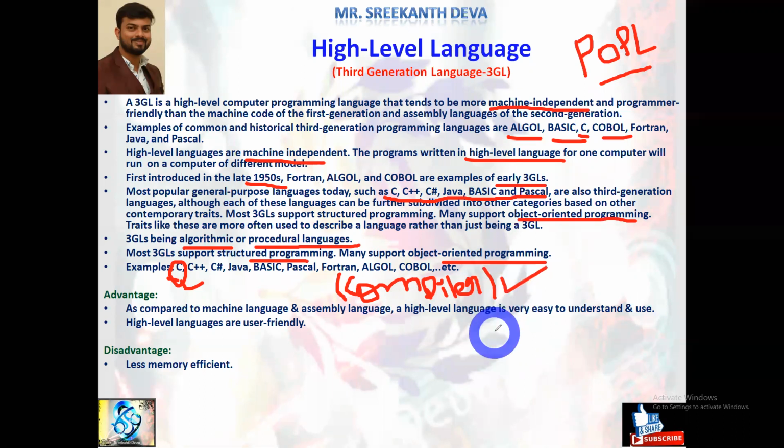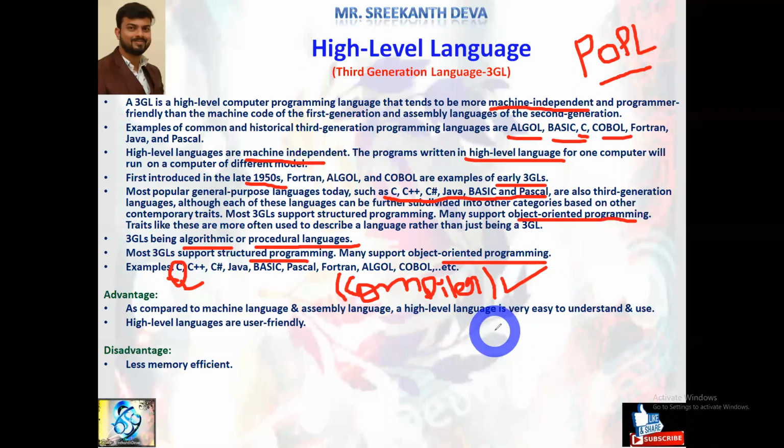What are the advantages of third generation languages? As compared to machine language and assembly language, high level language is very easy to understand and use. High level languages are user friendly compared to first and second generation languages, because here we give instructions in the form of English vocabulary and well known symbols.